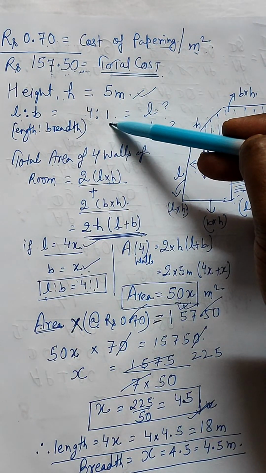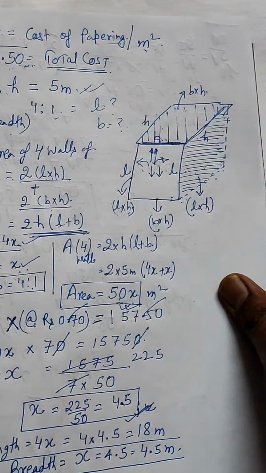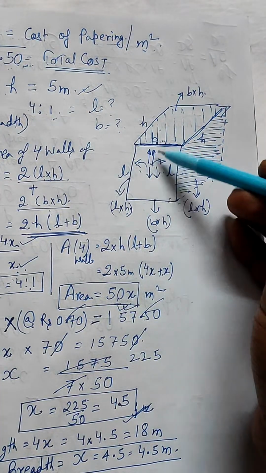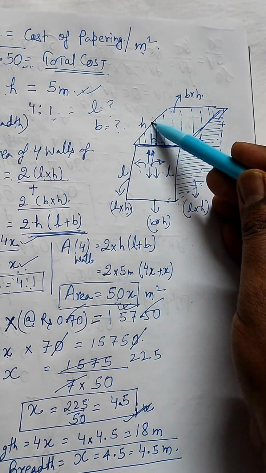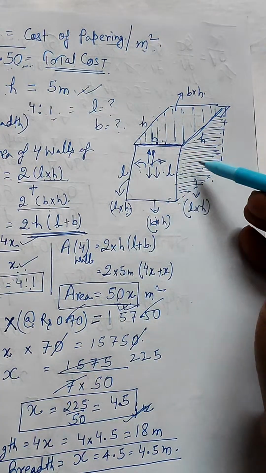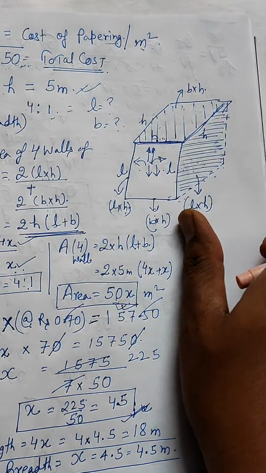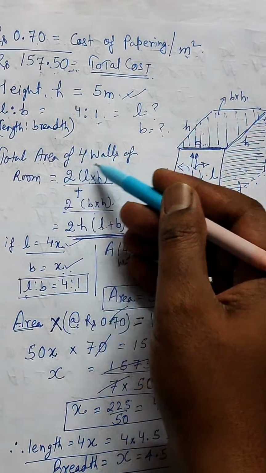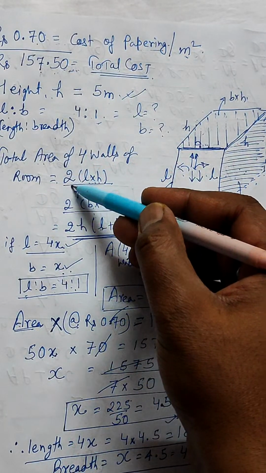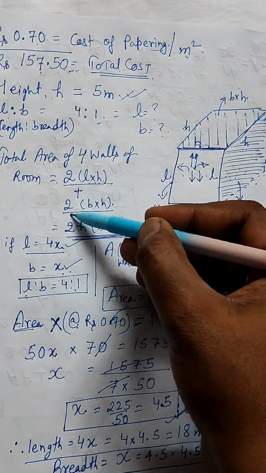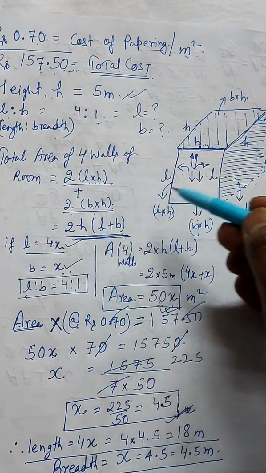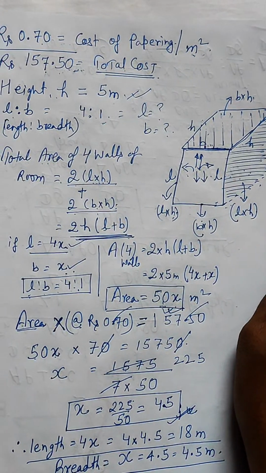What we did, we used the formula that breadth and height will come two times and length and height will come two times. So the total area of four walls will be 2 into LH plus 2 into BH.